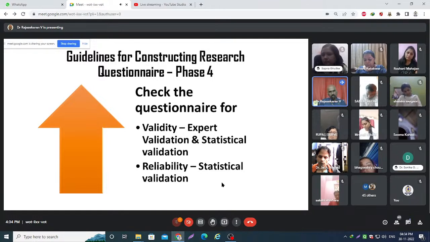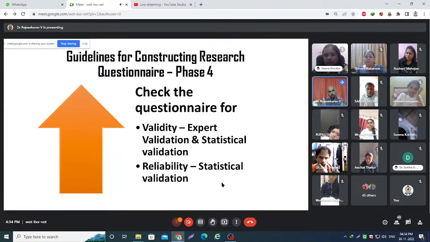Then if it is positive, you can go ahead. If it is negative, you need to change it. And the original validity and reliability, probably you can prove after collecting the data from all 100 respondents. Then again, you need to do the reliability and validity analysis. Then it should prove that your data is correct, your questionnaire is right.